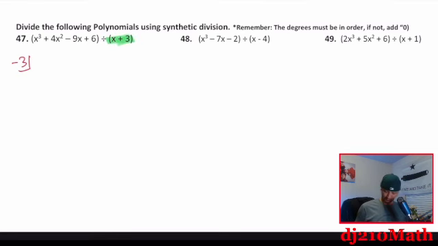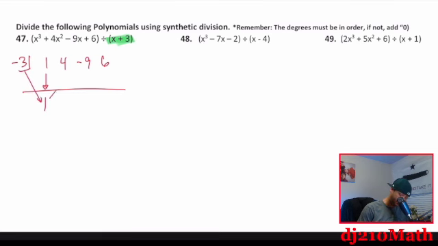So we take the coefficients 1, 4, -9, 6. We bring down the 1. We multiply. We write it here. So -3 times 1 is -3. And then you always add going down.